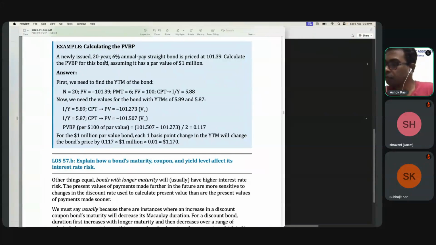A newly issued 20-year 6% annual pay straight bond is priced at 101.39.